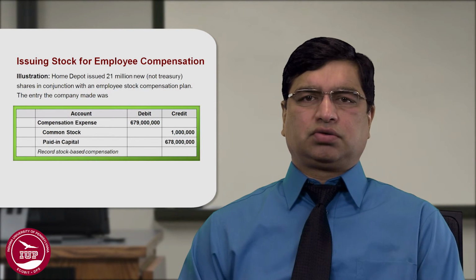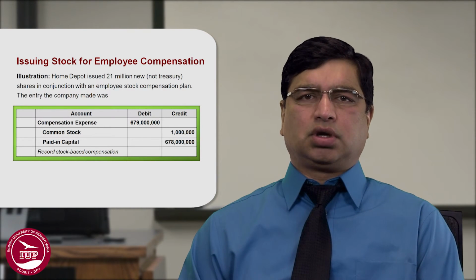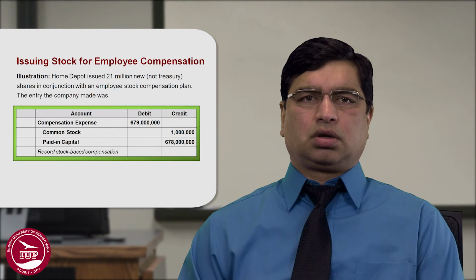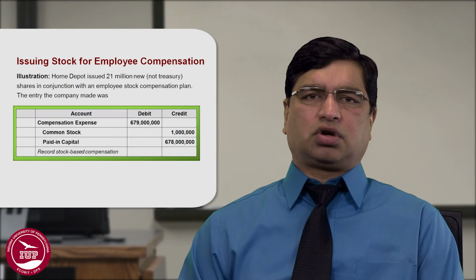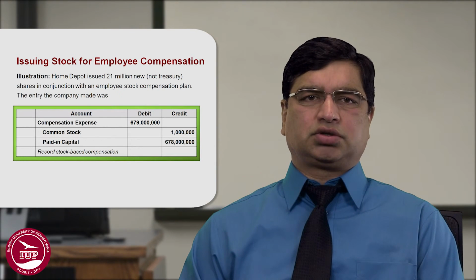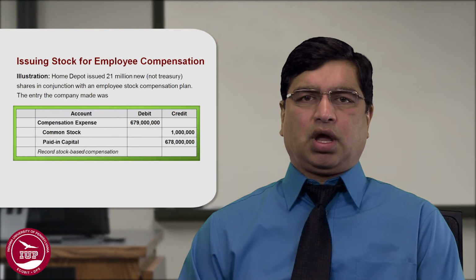Now you might issue stock for employee compensation. So in this case, you're issuing the stock for employee compensation. Suppose you issue 21 million new shares, not the Treasury shares.